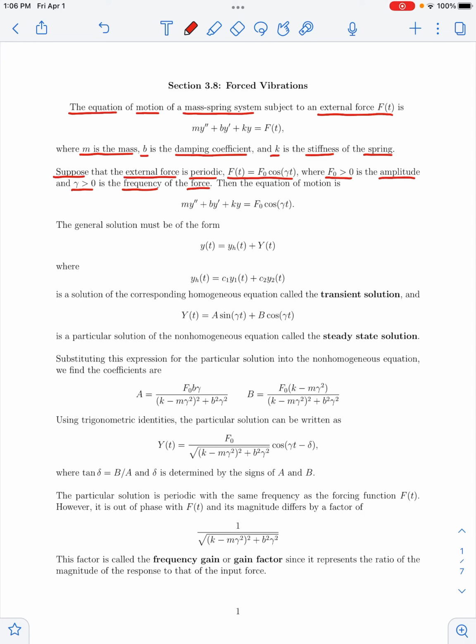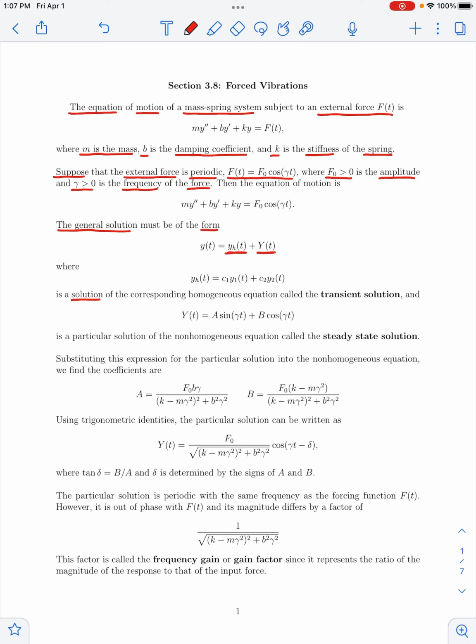So what we have here is a second order linear non-homogeneous equation with constant coefficients m, b, and k. And we've seen that for these non-homogeneous equations, the general solution would be of the form y(t) = y_h(t) + Y(t), where y_h, our homogeneous solution of a second order linear equation, would be of the form c1 y1 + c2 y2.